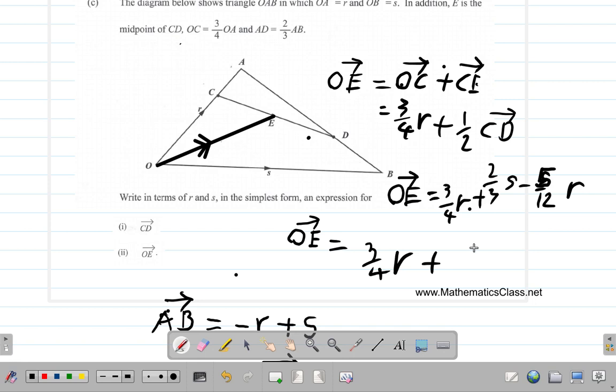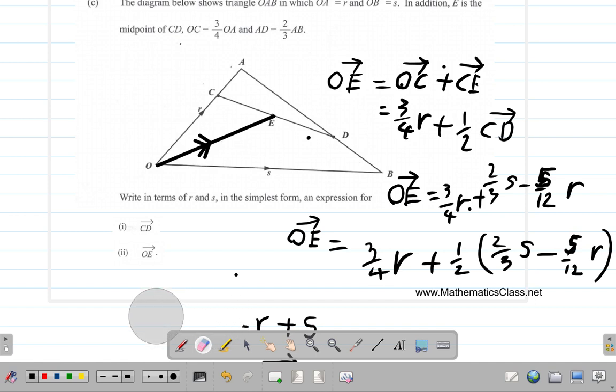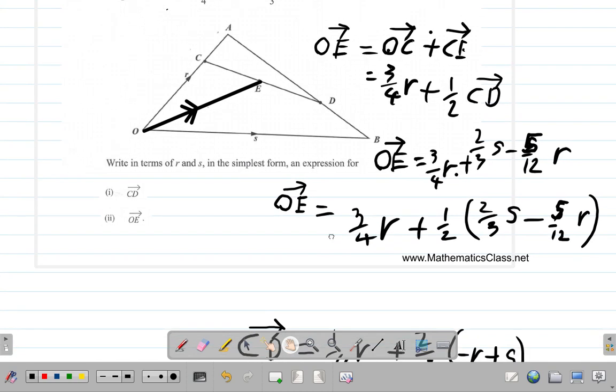CE is half of 2/3 S minus 5/12 R. Concentrate on it. Here, you will simplify. The question says in the simplest form.